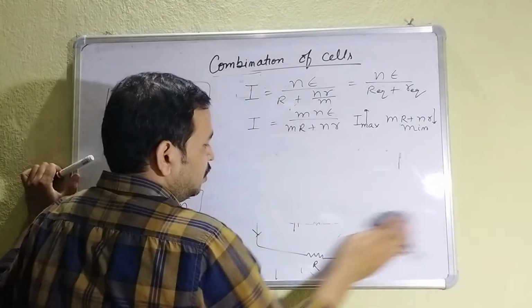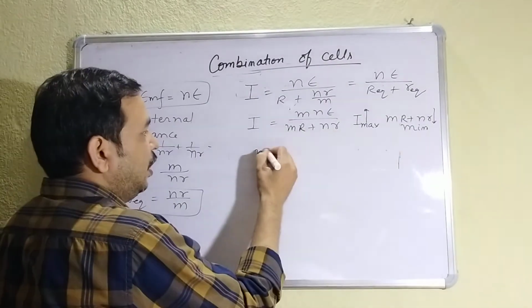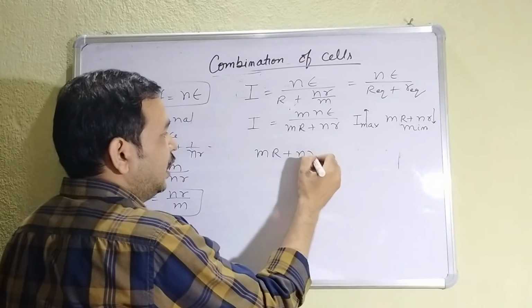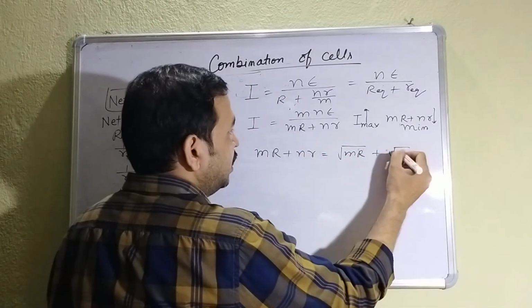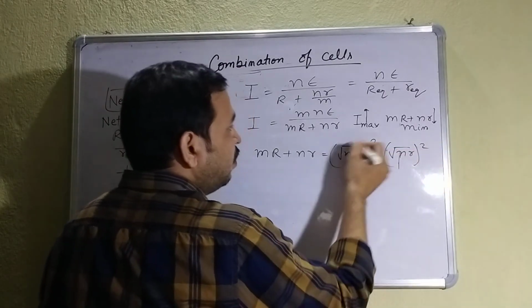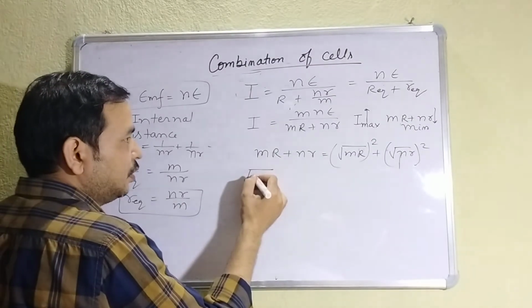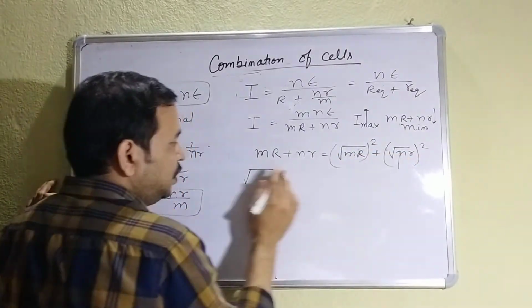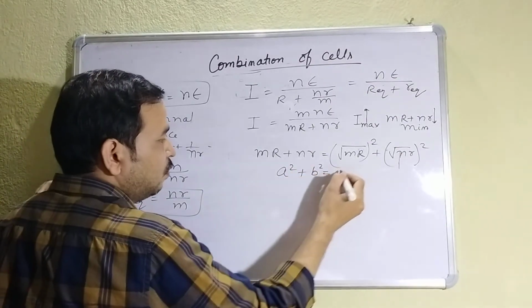Now you can see, we can write mR plus nr like this: root under mR plus root under nr, this whole square. Square root, then squaring, will not affect. We can write the same thing. This is a square plus b square form. Why?